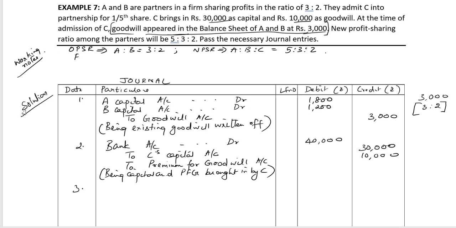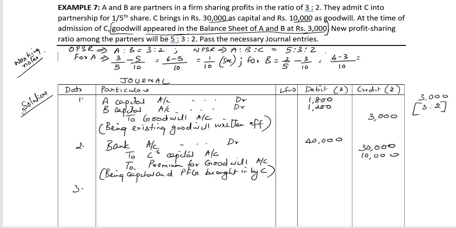So for A, let's do old share minus new share. It's 3/5 minus 5/10. It's a positive 1/10 and A has sacrificed. For B, old share 2/5 minus the new share 3/10.